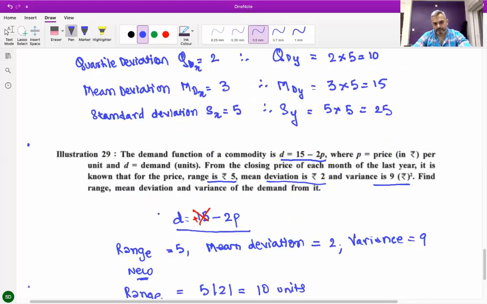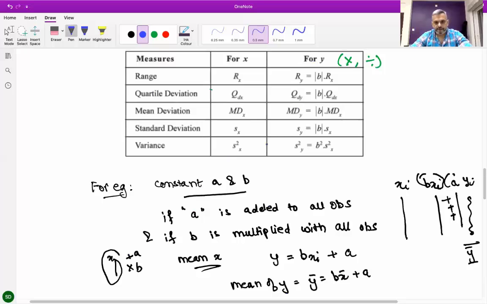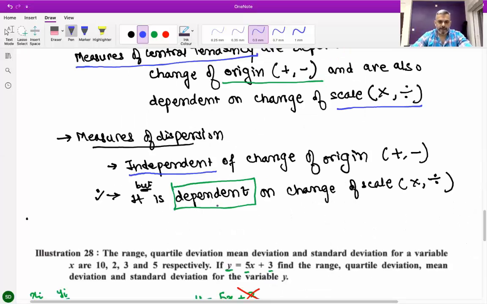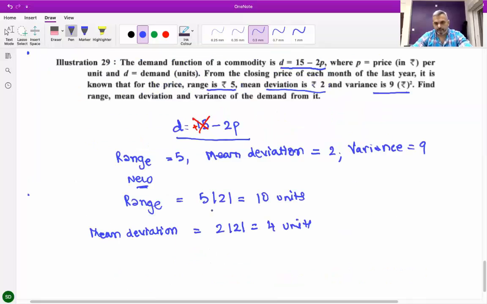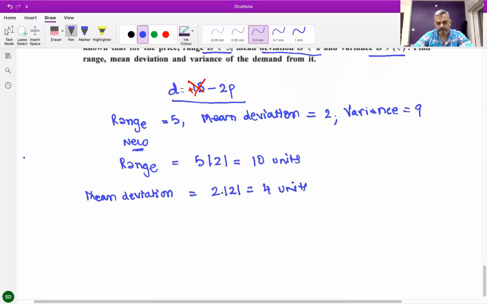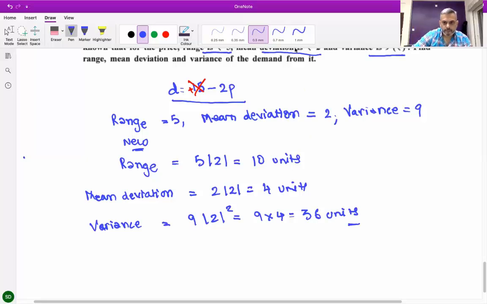But what about variance? See the table over here. Variance will be what? We have to square it, and variance is already given, so we have to square this constant 2, which is used for multiplying. So variance is equal to 9 into modulus 2 squared, which is equal to 9 into 4, which is equal to 36 units.